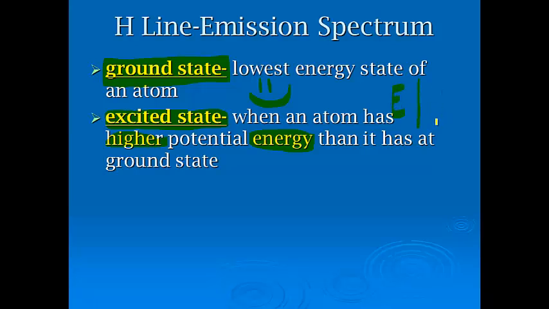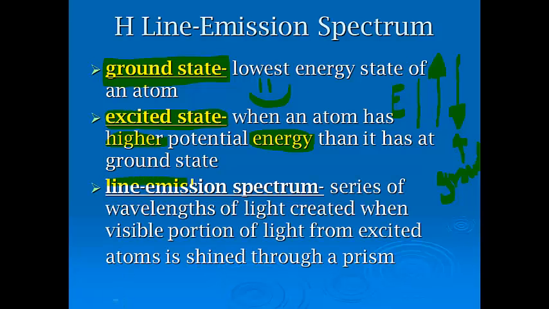Every time that we increase the energy, we usually have to do that by running electricity through it, setting it on fire, or doing something that can generate excitement or higher energy. What happens is that an atom will want to come right back down to ground level. Okay, I know it's kind of tough to see, but it wants to come right back down. And that's going to be an important process of this.